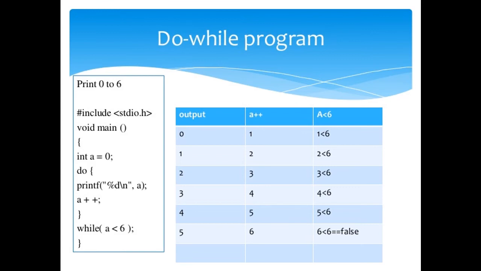So print the a value as 1 and increment the a value by 1, 1 plus 1, 2. 2 less than 6. The condition is true. This process is repeatedly continued. When the a value becomes 6, the condition is false and it will exit from the loop.